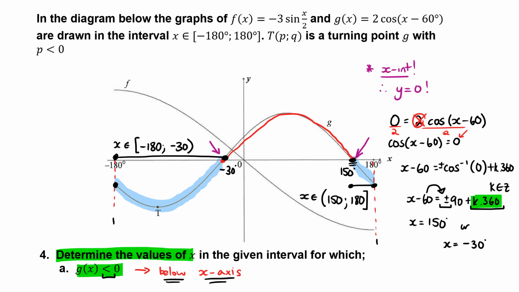And just in case anyone is wondering, using inequality notation, we would say x is between negative 180 and negative 30. And for there, it would be x is between 150 and 180. And those two together would be the solution to the question.